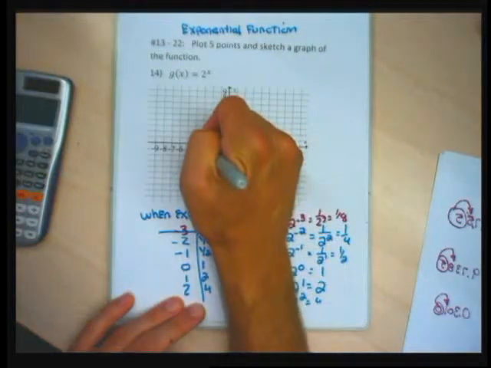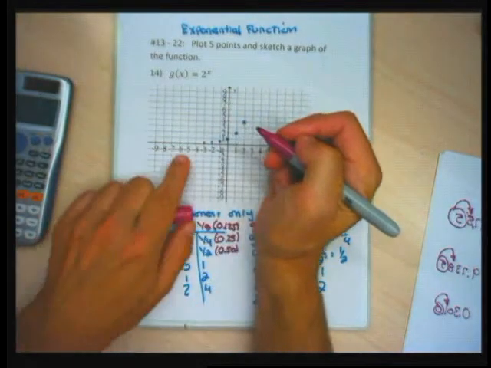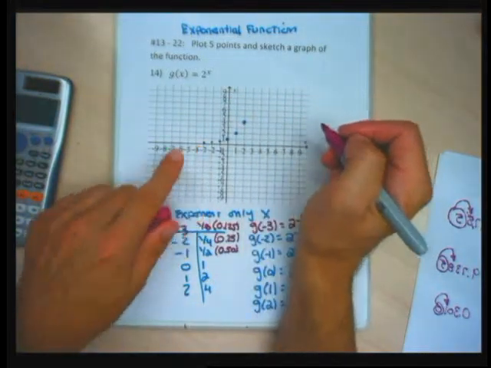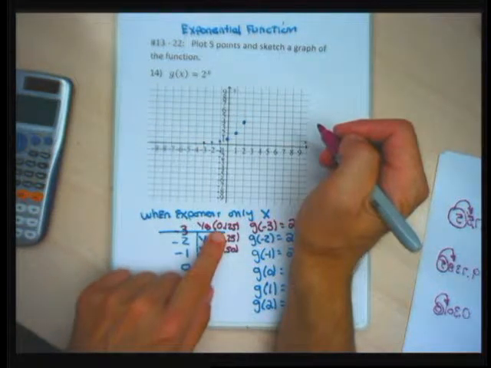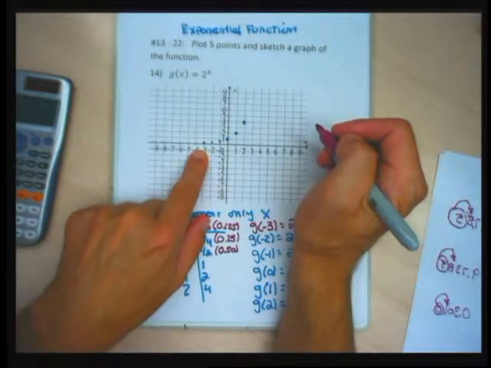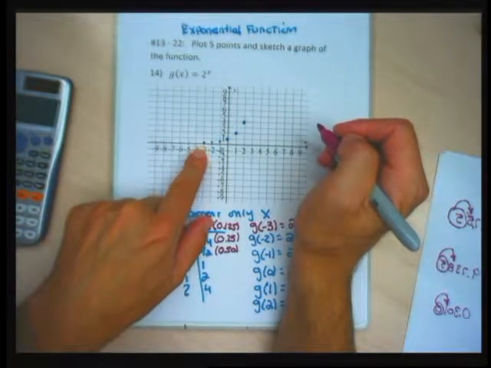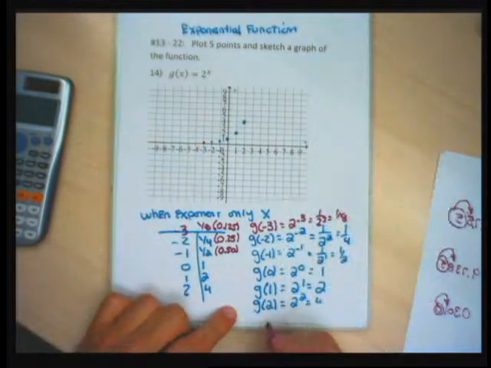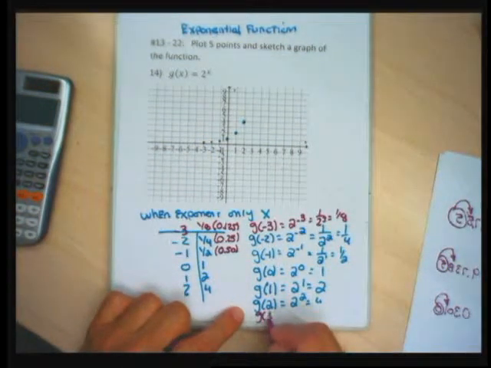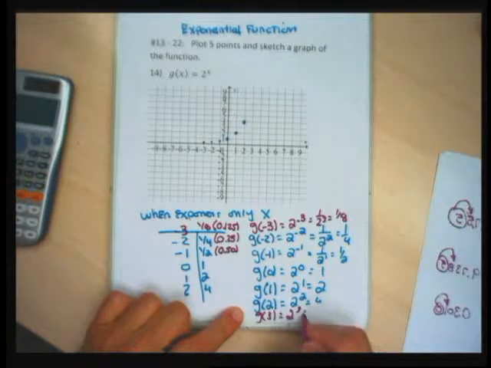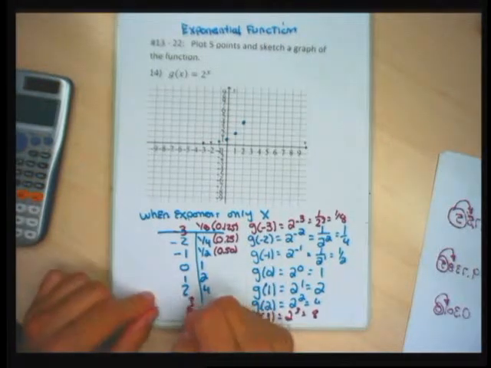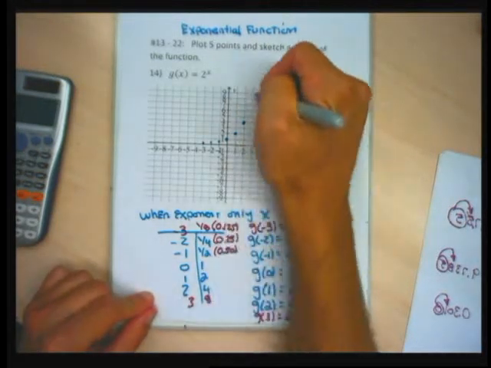That point is barely above the x-axis, but 0.125 is positive, so when I get to -3 on the x-axis, I still have to go up. And let me squeeze in g of 3 down here. g of 3 is 2 cubed, which is 8, and 3, 8 is up here.